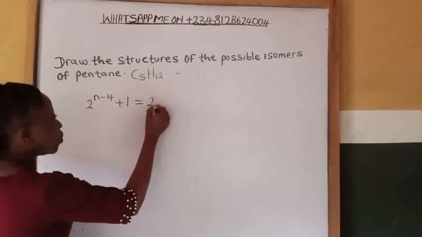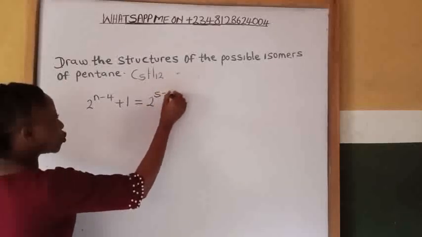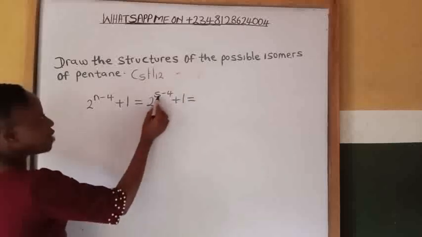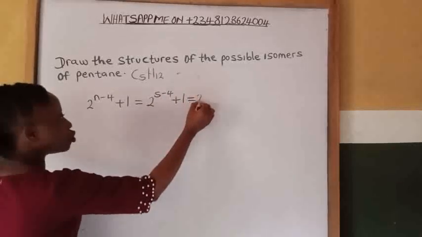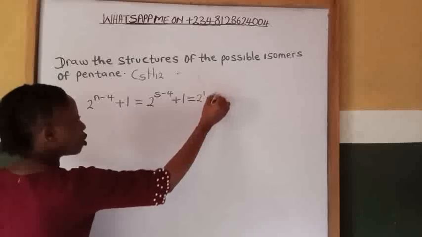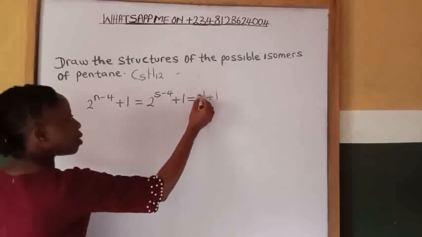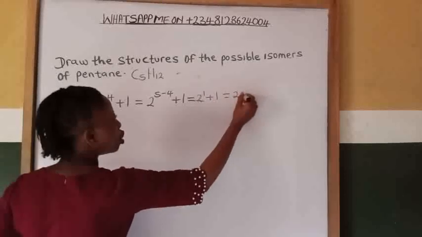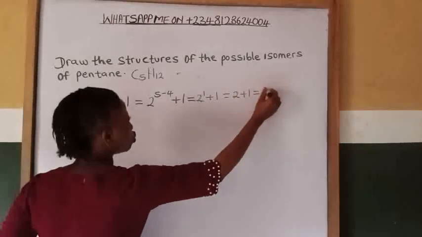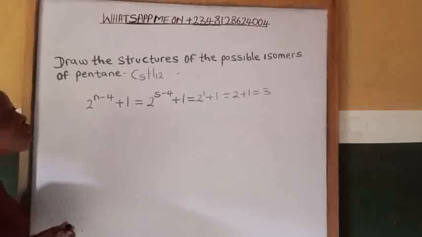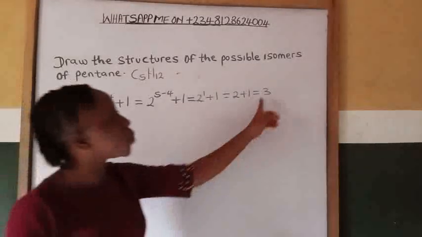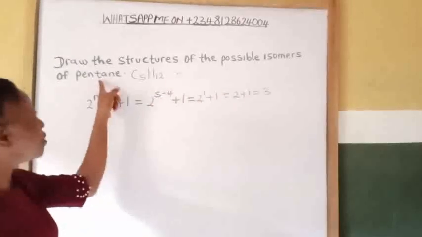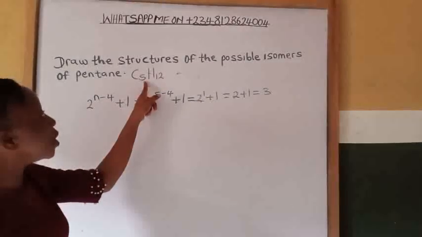That will be 2 raised to power 5 minus 4 plus 1. 5 minus 4 gives 1. That is 2 raised to power 1 plus 1. Any number raised to power 1 is that number. So that is 2 plus 1 equals 3. So we will be able to derive 3 possible structural formulae of pentane from its molecular formula.